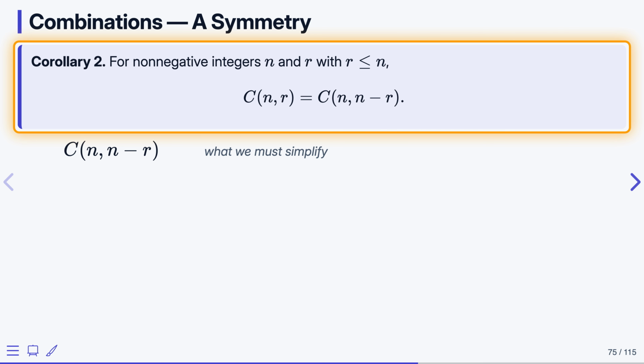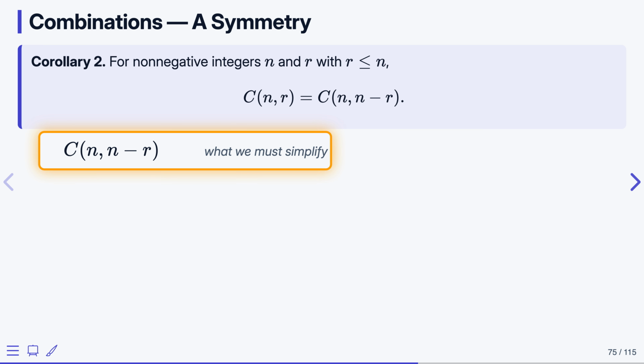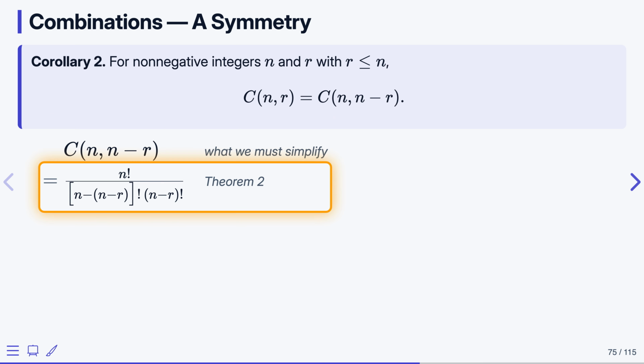This is the rule behind the poker surprise. Corollary 2 says C(n, r) equals C(n, n minus r). Line 1. Start from the harder side, C(n, n minus r). Line 2. Put it through theorem 2.